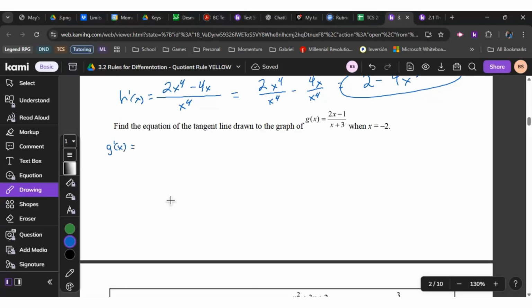If we cannot make it into a polynomial, then you should do quotient rule, and if we can make it into a polynomial, do whichever way you want. All right: low D high minus high D low, all over low squared.